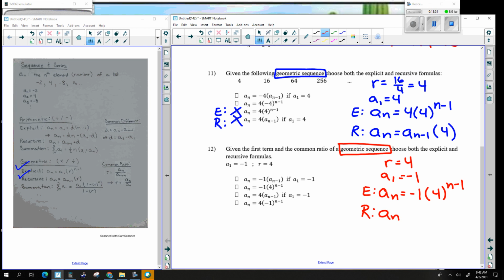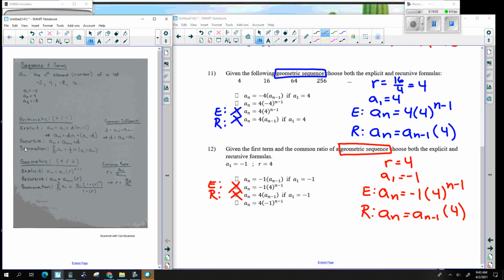Recursive is the previous number times R. Previous number times R, that's the recursive, and -1 for there's our explicit. And just follow the formula, follow the formula, follow the formula. Free money, free money.